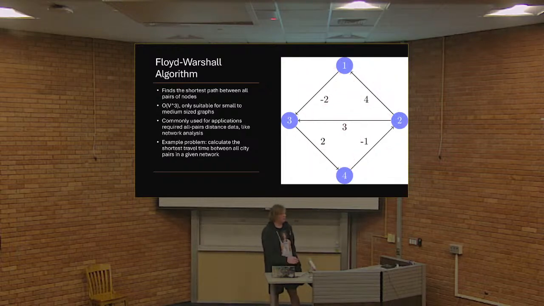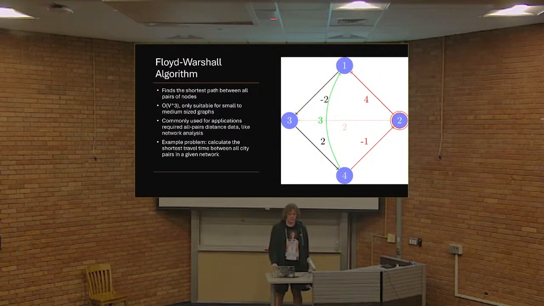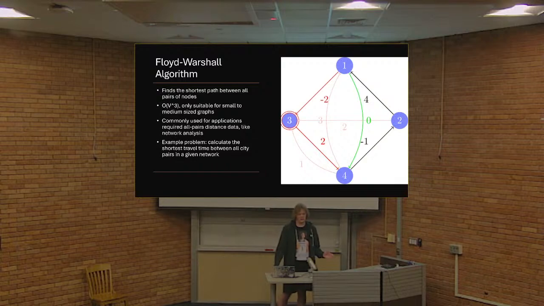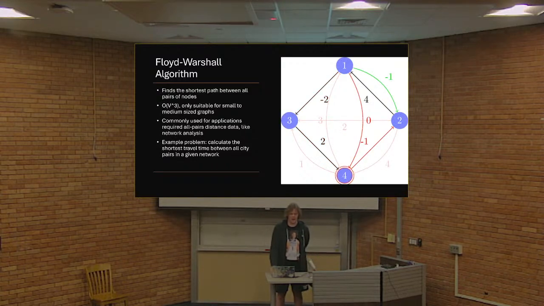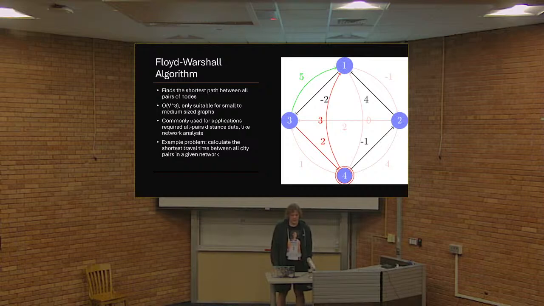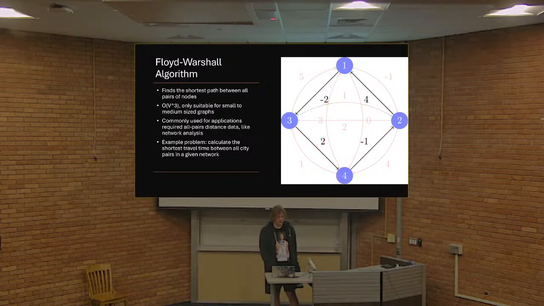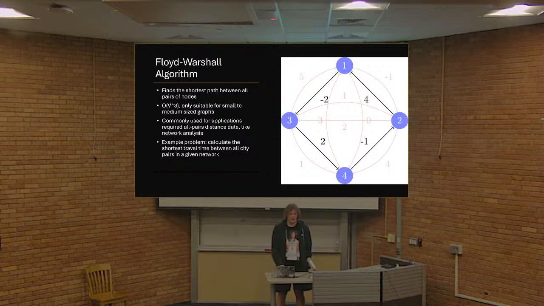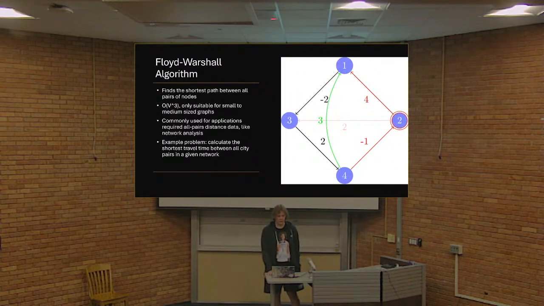The time complexity is the number of vertices cubed, so it's only really suitable if you don't have all that many vertices to work with. But sometimes you do need to use it, like in this example problem I gave. I've come across one like this where you need to calculate the shortest travel time between all pairs of cities for whatever reason.